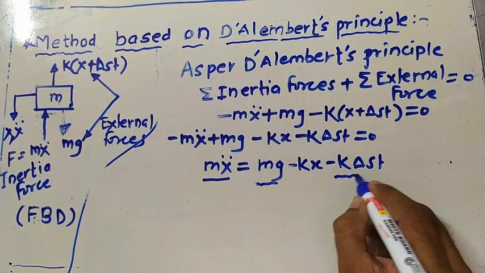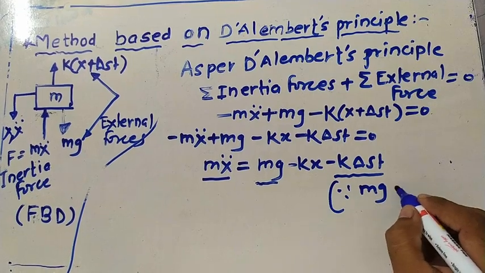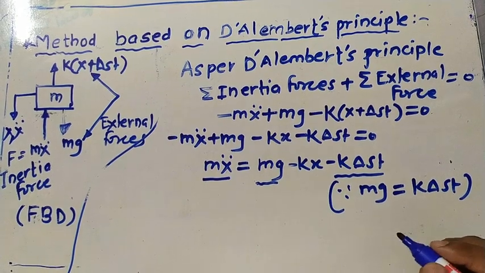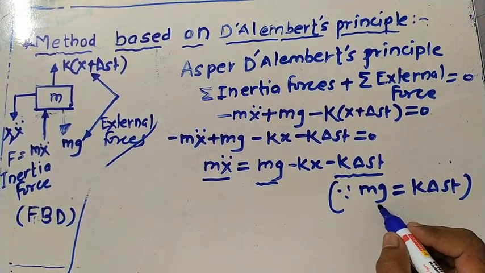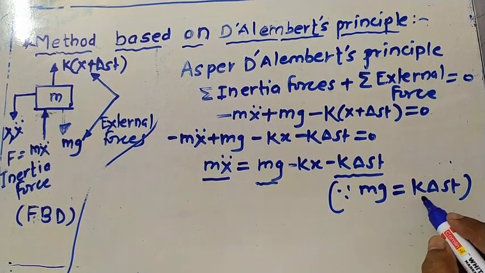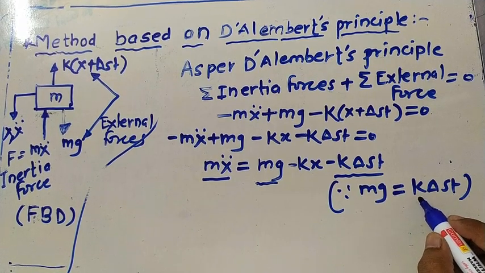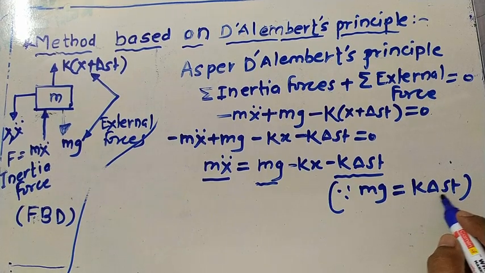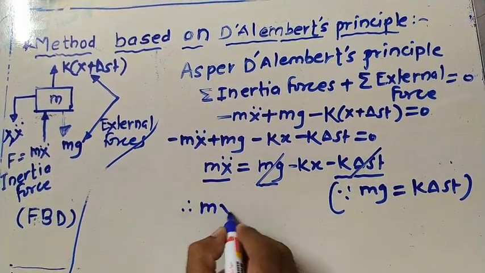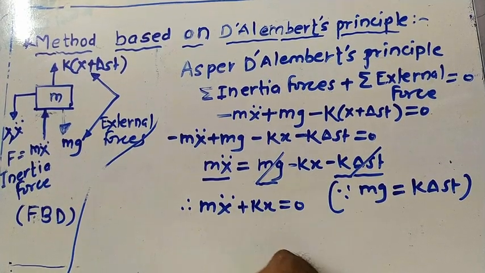As per our previous discussion, m g equals k into delta st. What is the meaning of this? The self weight of the given block is equivalent to the spring force because of the static deflection. So this term and this term get cancelled. We get m x double dot plus k x must be equal to 0.